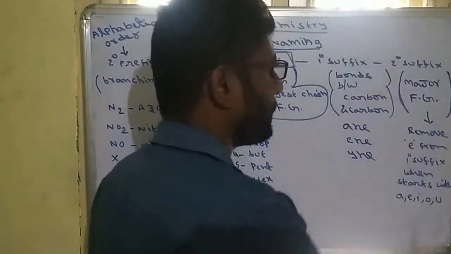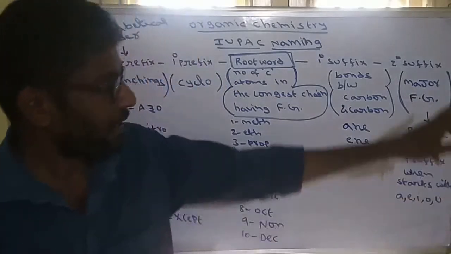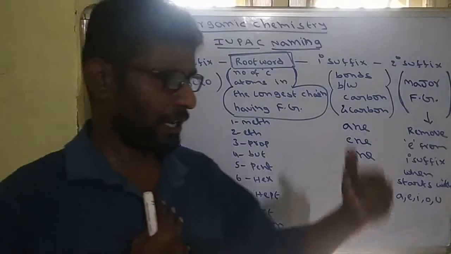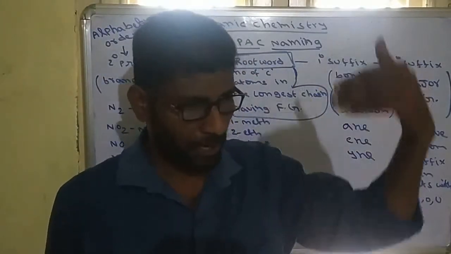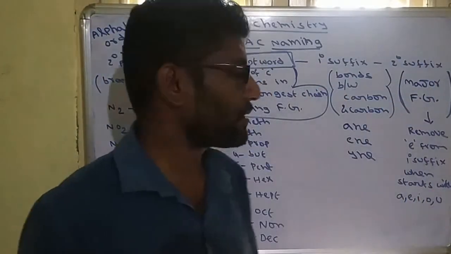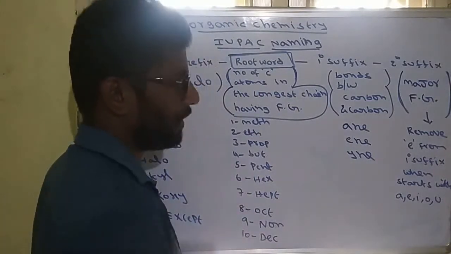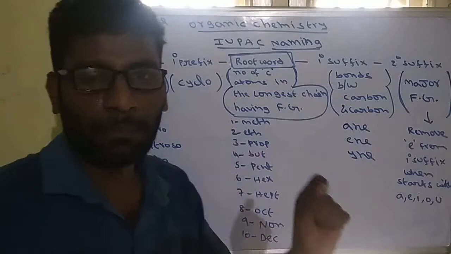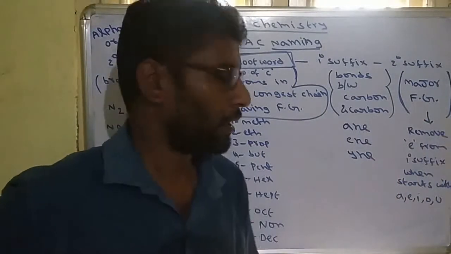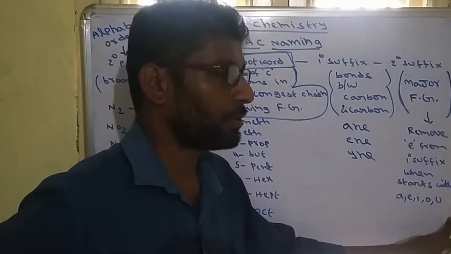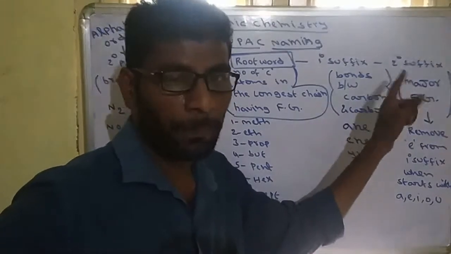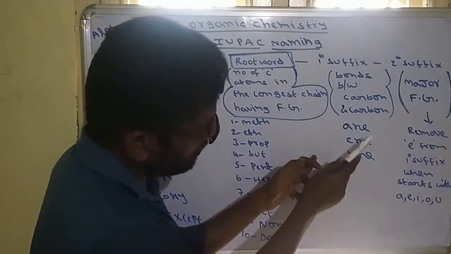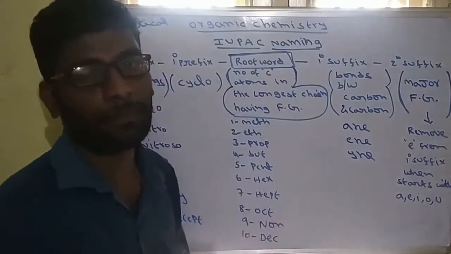After that we write the secondary suffix. Secondary suffix means the major functional group. What are the major functional groups? I will write you one table, and we have to identify the major functional group. But remember, whenever the major functional group name starts with a vowel letter, that is A, E, I, O, U, then in the primary suffix the last letter E must be removed.